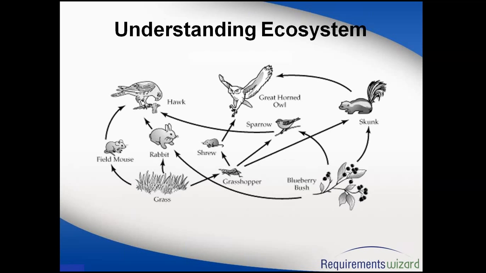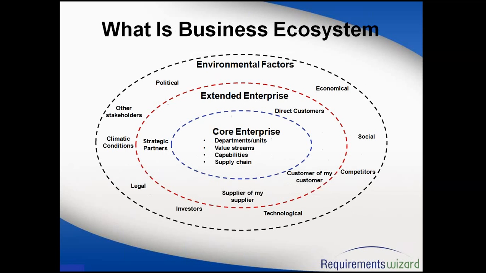The same concept, these days, you can see in the business domain, what we call the business ecosystem. What the business ecosystem says is your organization is not in isolation. You have your core processes, your departments, your value streams, capabilities, your core competencies, and your core supply chain, which definitely is part of your core enterprise.